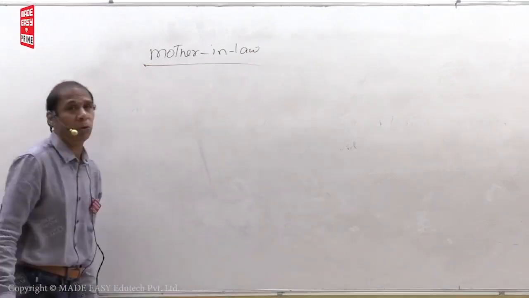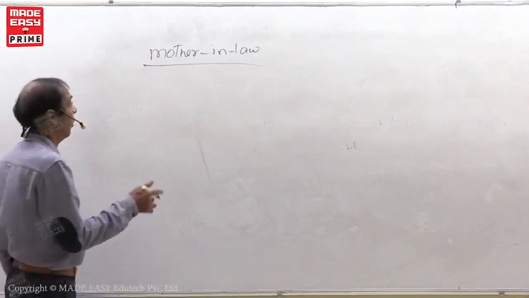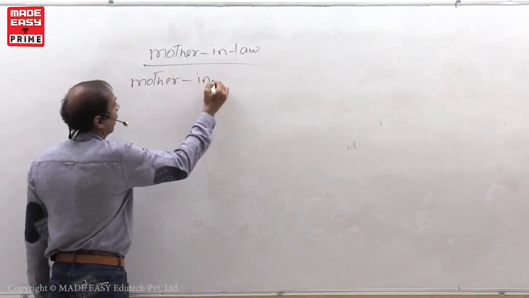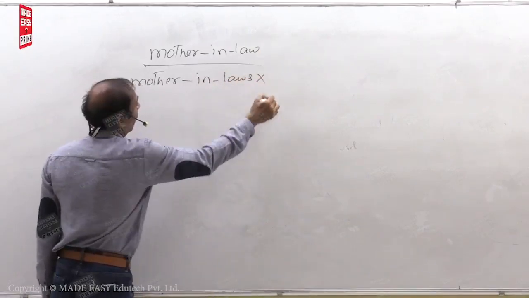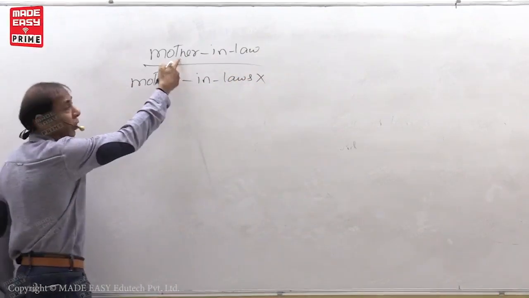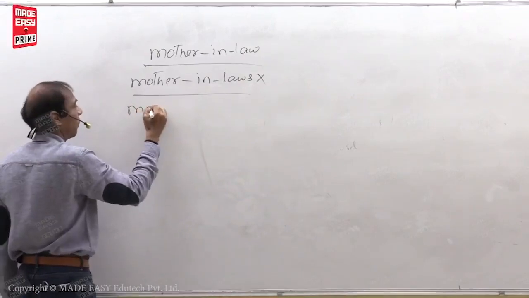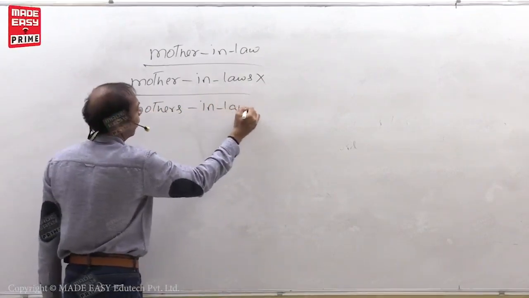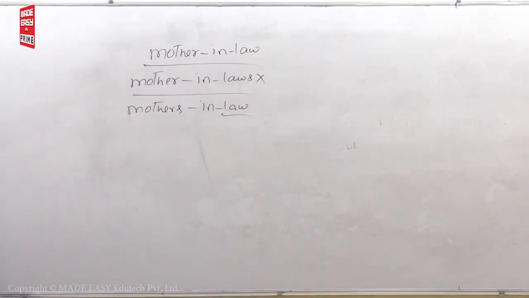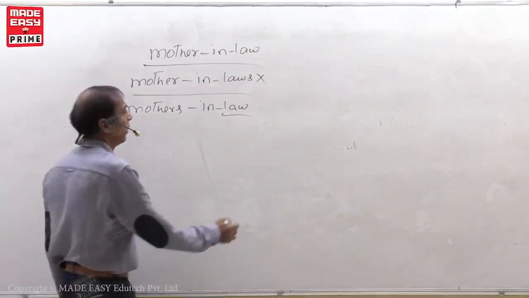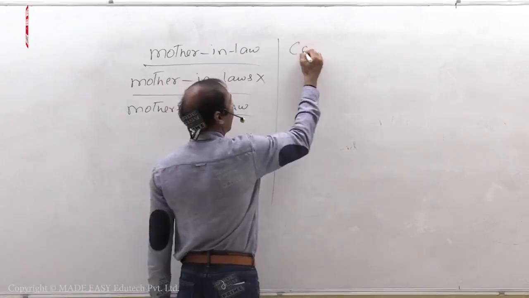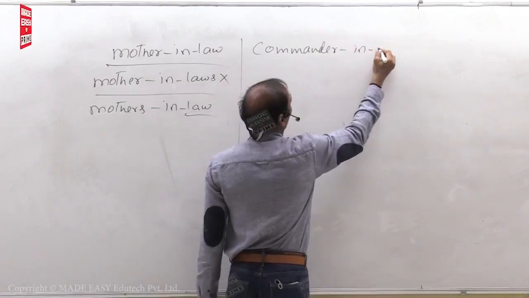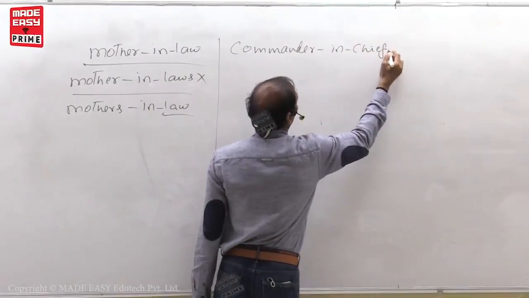In the case of compound nouns, if you want to make a plural form, how do you have to make it? Observe. Mother-in-laws: wrong. Add s to the main word. Mothers-in-law: this is correct, not mother-in-laws. Similarly, commander-in-chief.